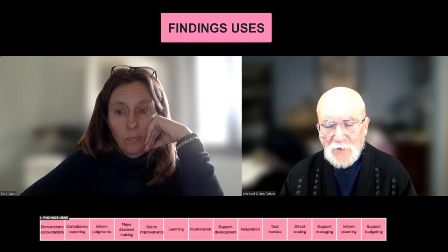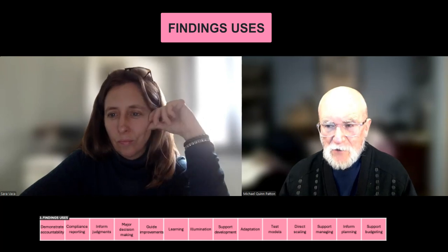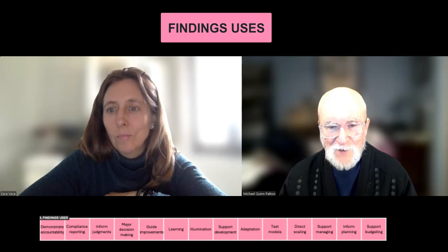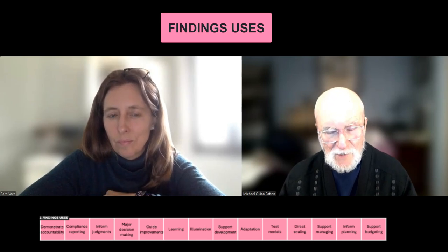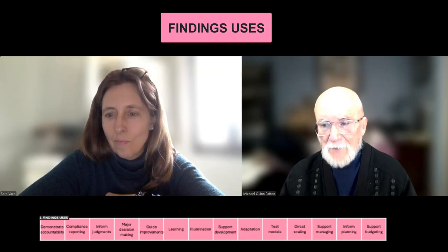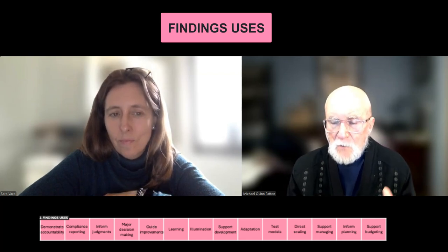What we've learned is if you don't know how you're going to use an evaluation before you do it, you won't know what to do with it after you get it. Determining priority use comes at the beginning, and then you design the evaluation within a purpose to produce certain kinds of uses.